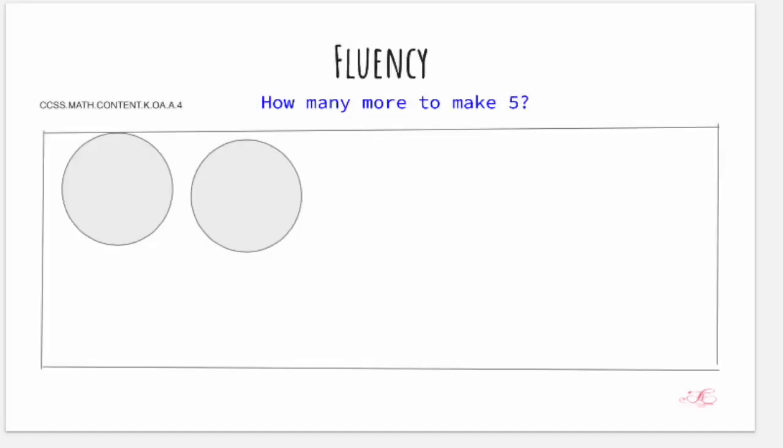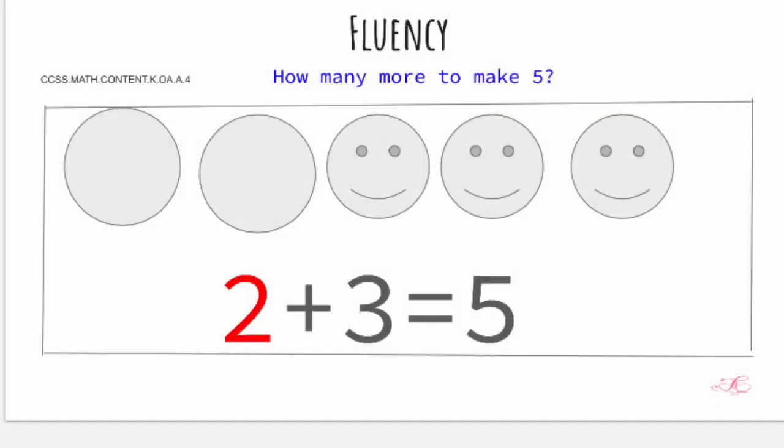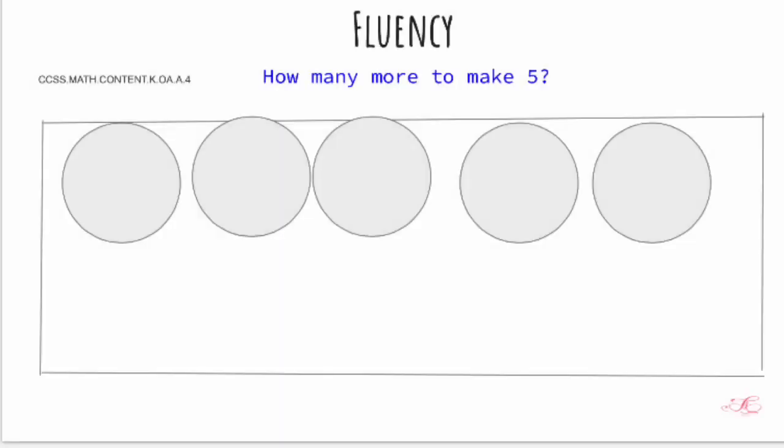How many more to make 5? Good, that was 2. And then we added 3 more. 2 plus 3 more equals 5. This is how you write your number sentence. Start off with the 2 that you had in the beginning, add 3 more, and that equals 5.